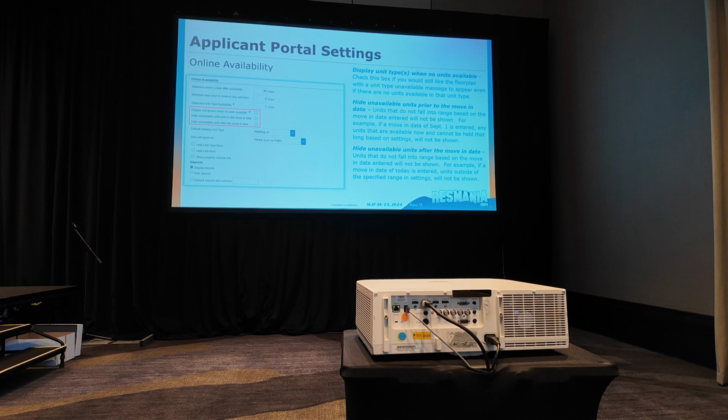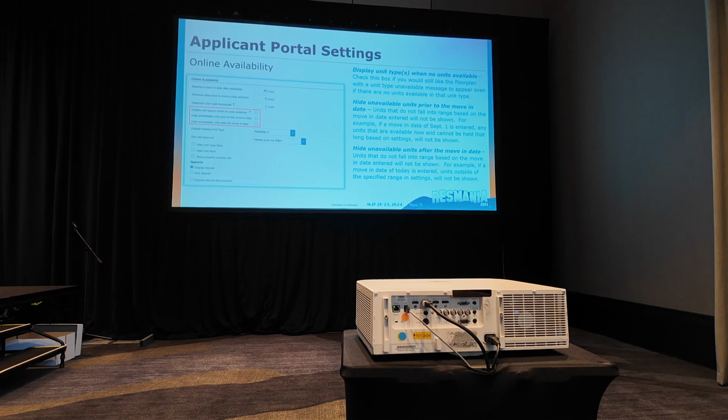For example, I go onto your website and enter a move-in date of September 1st. Any units that are available now that don't fall into that date range, based on my maximum days available, aren't going to be shown. So they just basically disappear.